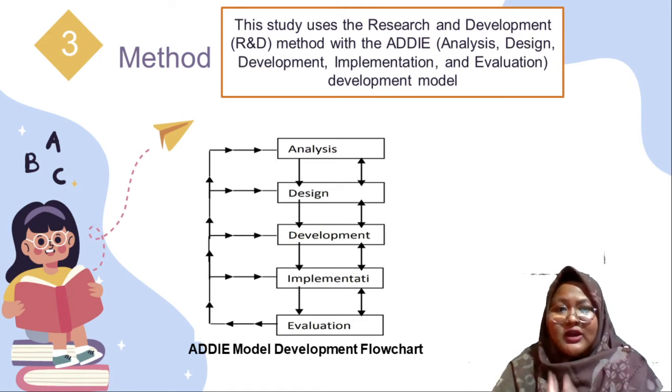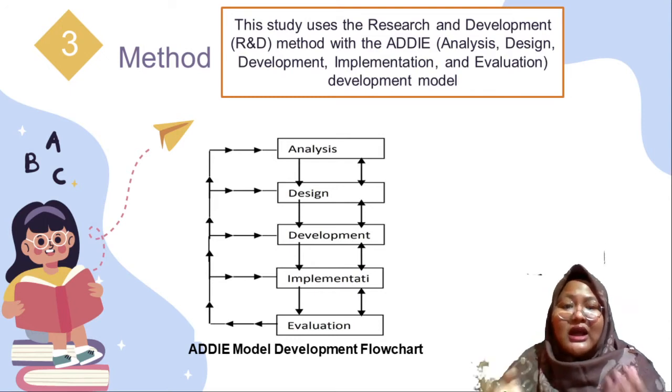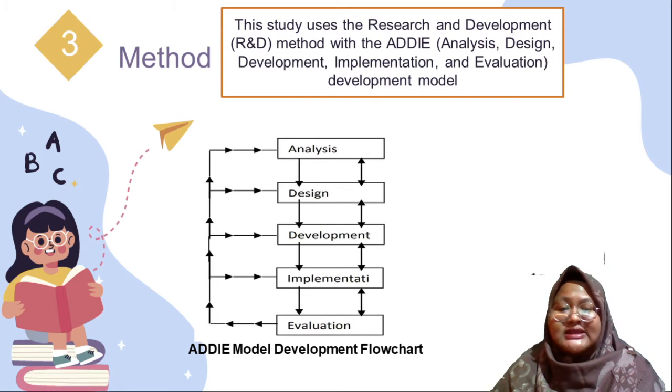From the figure, we can see that the research activity begins with analysis, which consists of need analysis and aspect analysis. Then the output of this analysis is used as input at the design stage. At the design stage, the objective is to make the initial design of the instructional video.